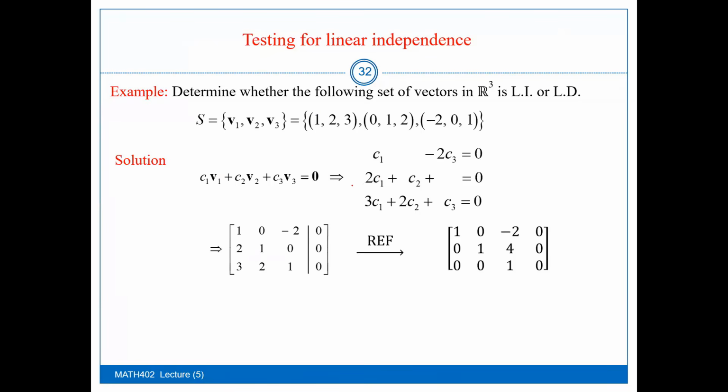So writing the row echelon form for the homogeneous system, it's clear here that C3 is 0. Since C3 is 0, C2 is also 0, and C1 is also 0. So here we have the unique solution 0, 0, 0. So this set is linearly independent.